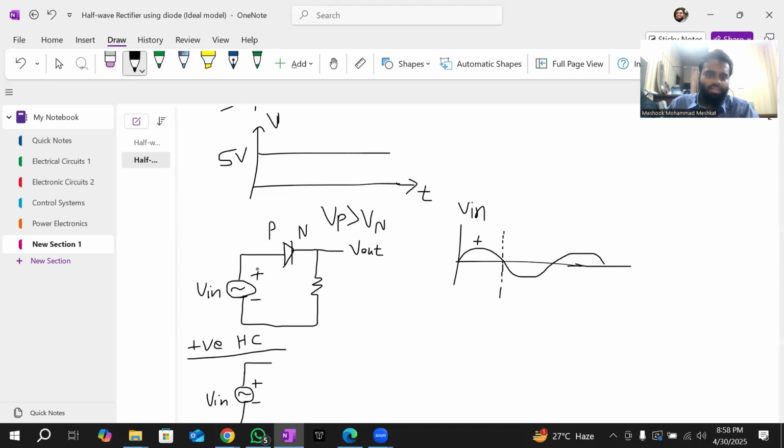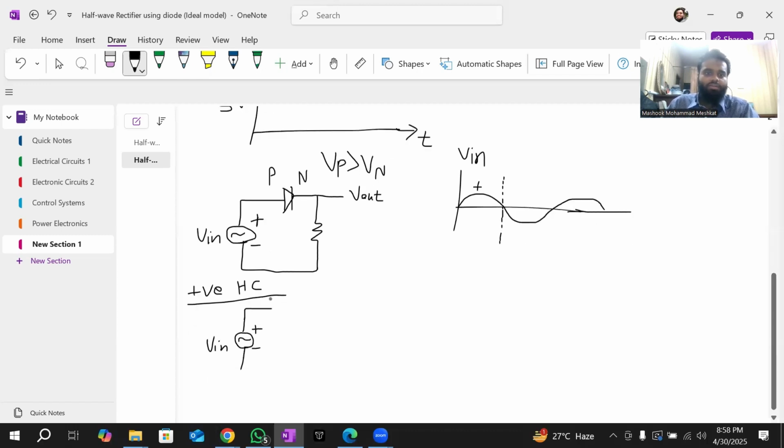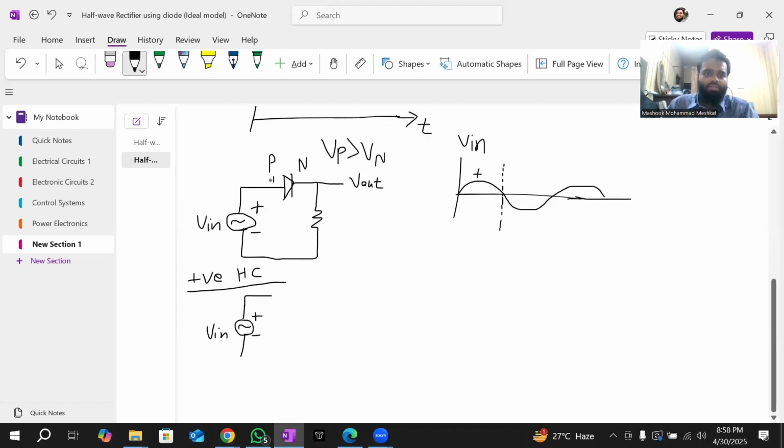Over here, you can see the same scenario happening. The voltage at the P junction is actually higher because this is plus, right? The potential over here is higher and the potential over here is lower. That means the diode will get short circuited, and you get a clear path across, because the current is also flowing in this direction.